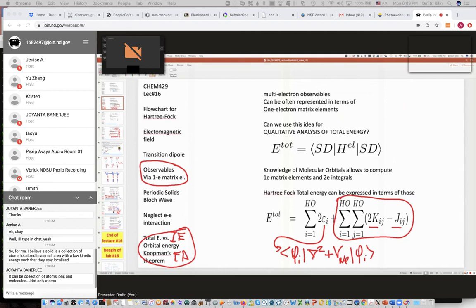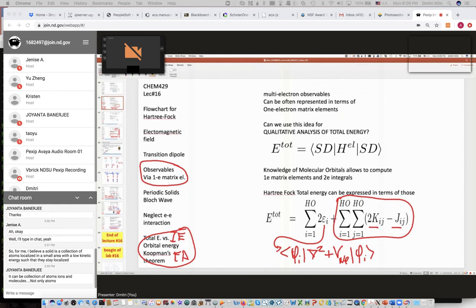in our last presentation. So basically, the question is, if we start with a neutral molecule and then add or remove an electron from the molecule, how does the total energy change?